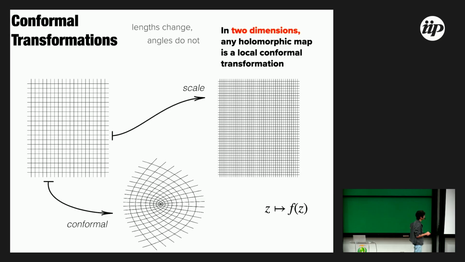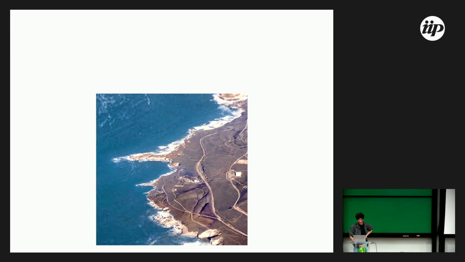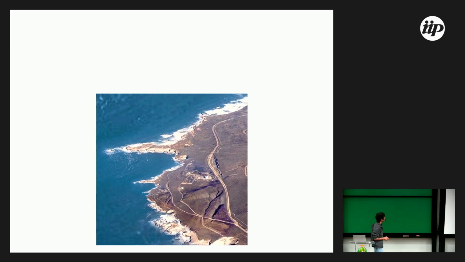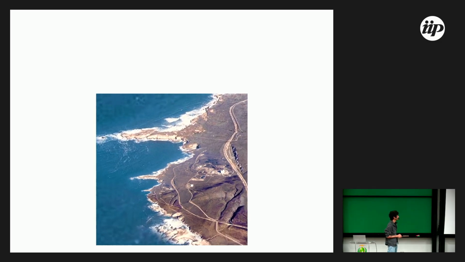So you can simply choose any holomorphic function, and it will deform the space in any way, but in such a way that the grid is very much changed, but the angles here are always 90 degrees because they were initially 90 degrees. There is an infinite number of holomorphic functions. You can make them up as any way you want. So you actually have an infinite number of symmetries in 2 dimensions.